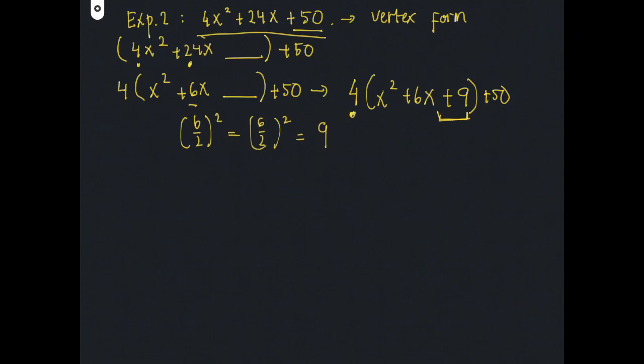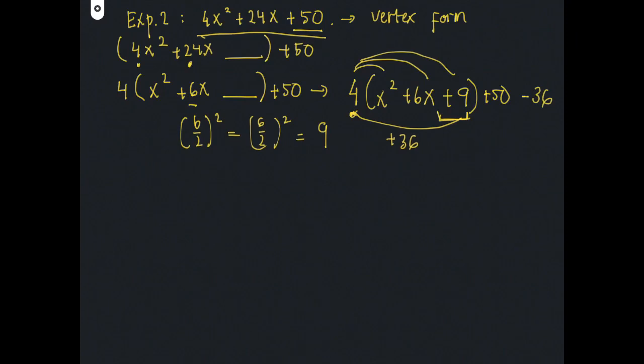Keep in mind, this coefficient in front of the parentheses needs to be distributed to everything inside the parentheses. So adding 9 inside the parentheses is actually not just 9, but we're adding 4 times 9, which is positive 36. So we need to cancel adding 36 by subtracting 36 over here.